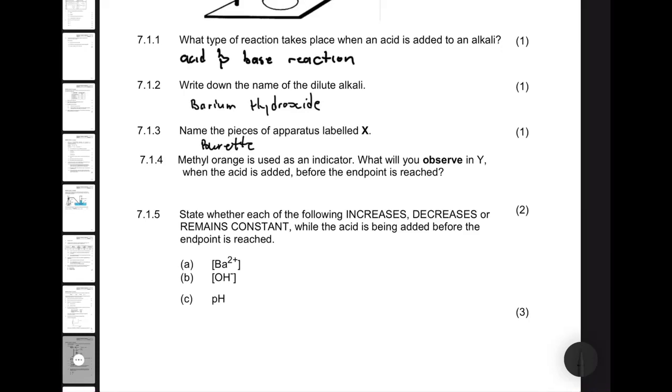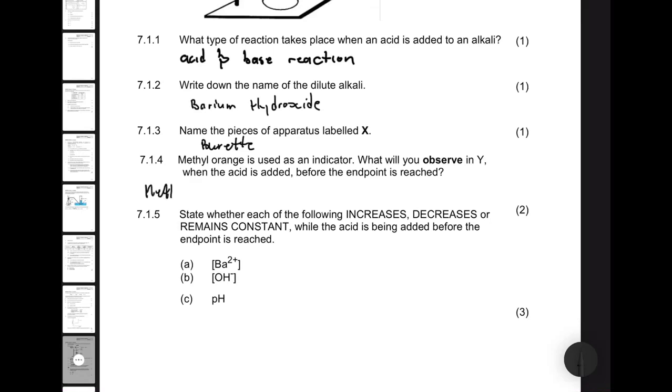So what we are going to observe before the endpoint is reached is that the methyl orange turns yellow, and then as we add more acid, it will gradually turn orange as we reach a pH of around 7. And then if you keep on adding more acid, and now the solution actually becomes acidic, then the methyl orange will turn red.